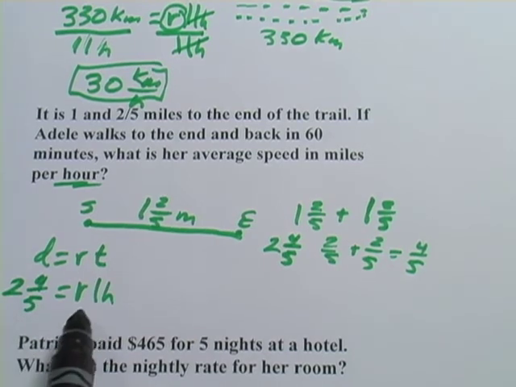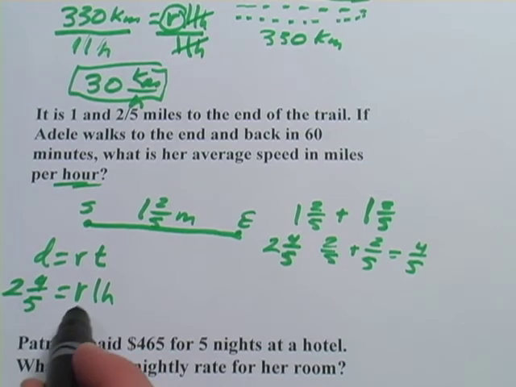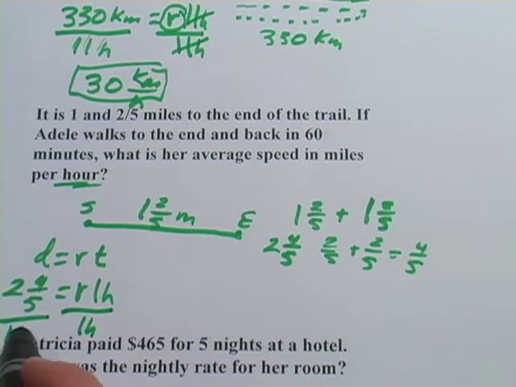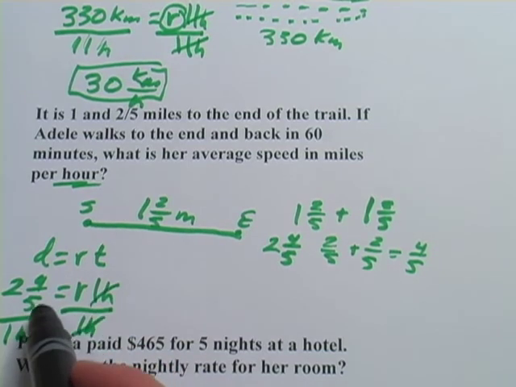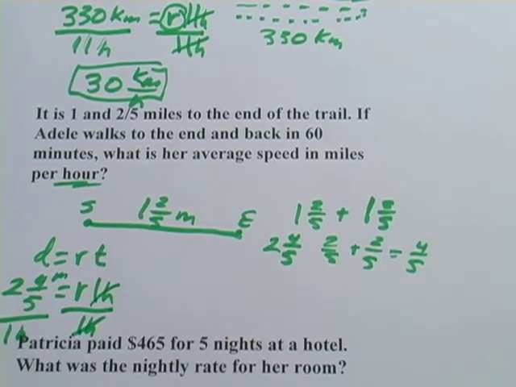Now I want to solve this for r, and what I have to do is undo any numbers that have to do with r. r is multiplied by 1, so I would divide by 1, and I do that to both sides of the equation. Of course, dividing by 1 just leaves things the same. So I'm going to end up with this canceling, and this is miles, 2 4/5 miles.